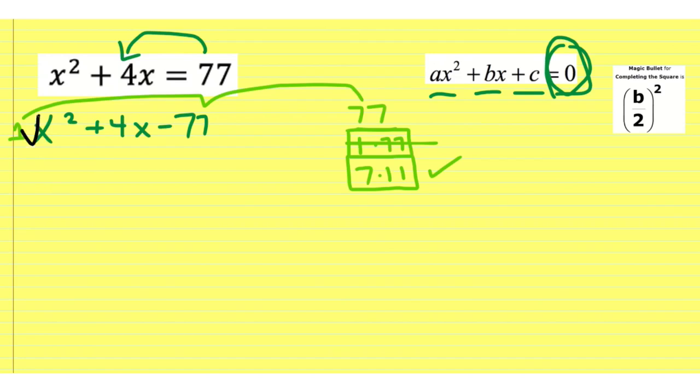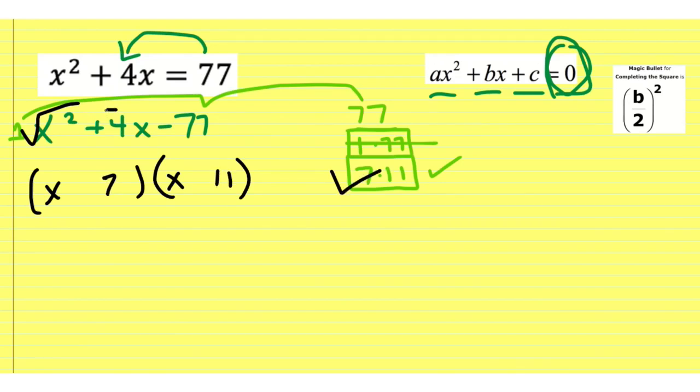So we're going to take the square root of x squared, and that's going to go in the front of my parentheses. And then I'm going to take my chosen factor pair of 7 and 11, put it in the back, 7 and 11. In order to get a plus 4, I would need a plus 11 minus 7.